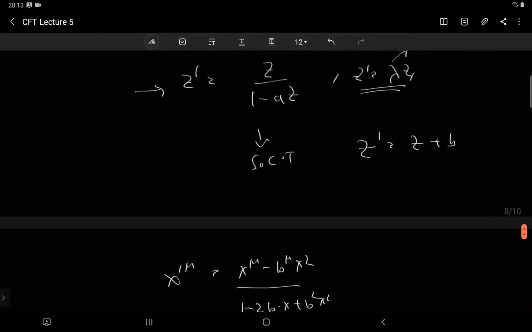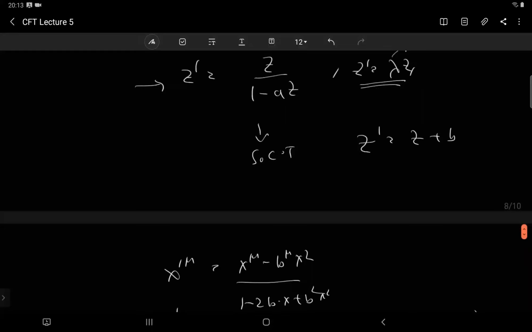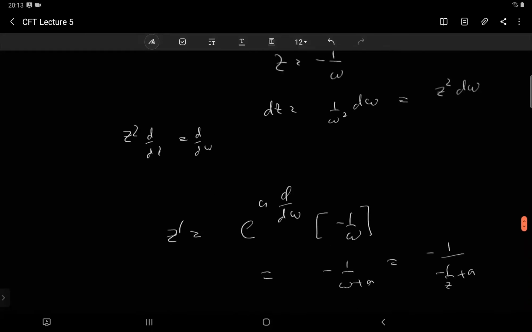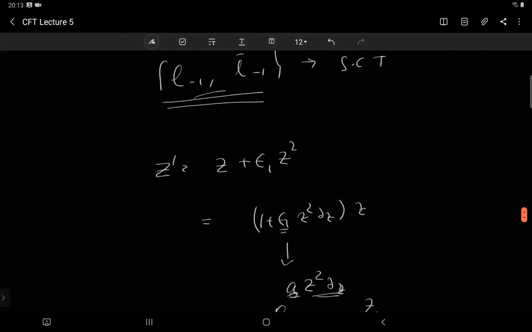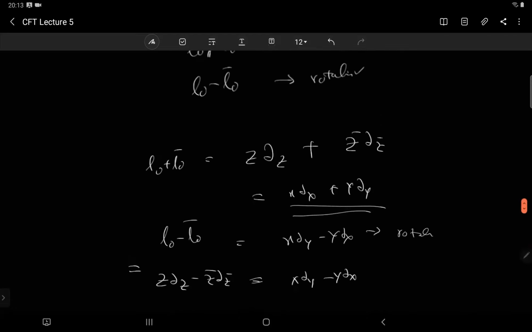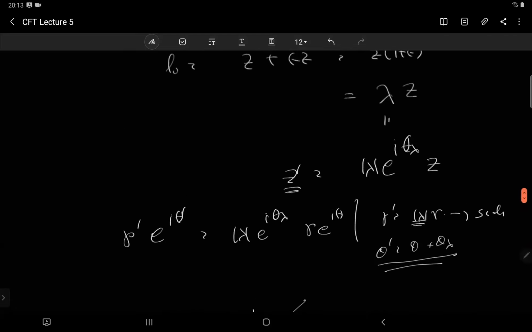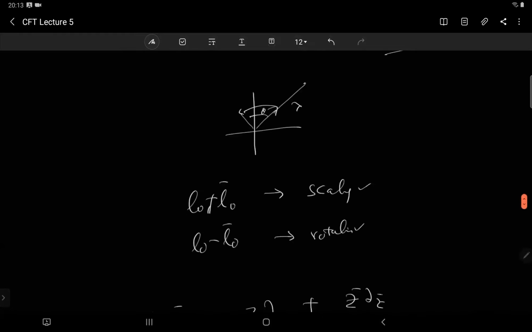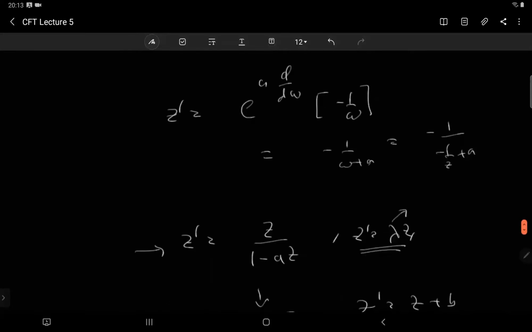If you write in terms of X and Y, this z prime equal to z over 1 minus Az is the same as this transformation. And I also told you that this one is scaling and rotation, and this we know is translation. So this is translation, this is scaling and rotation, and this is special conformal transformation.